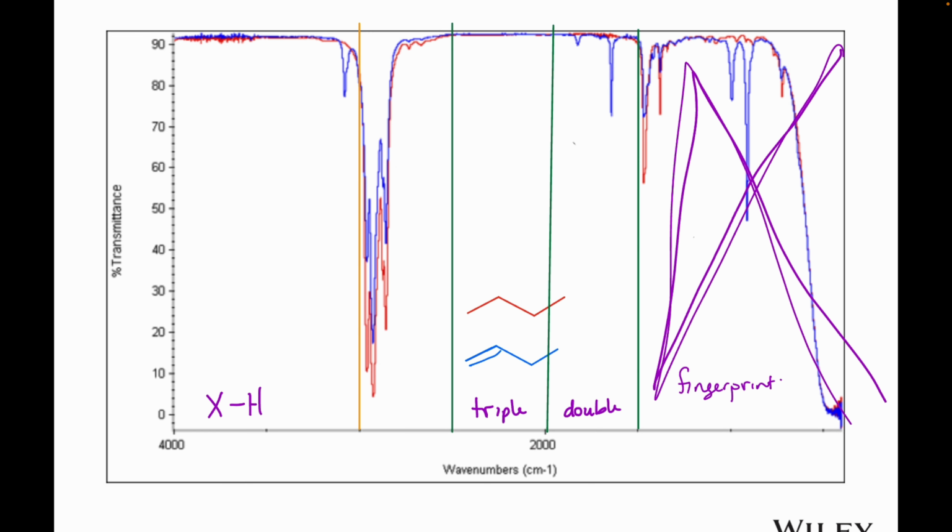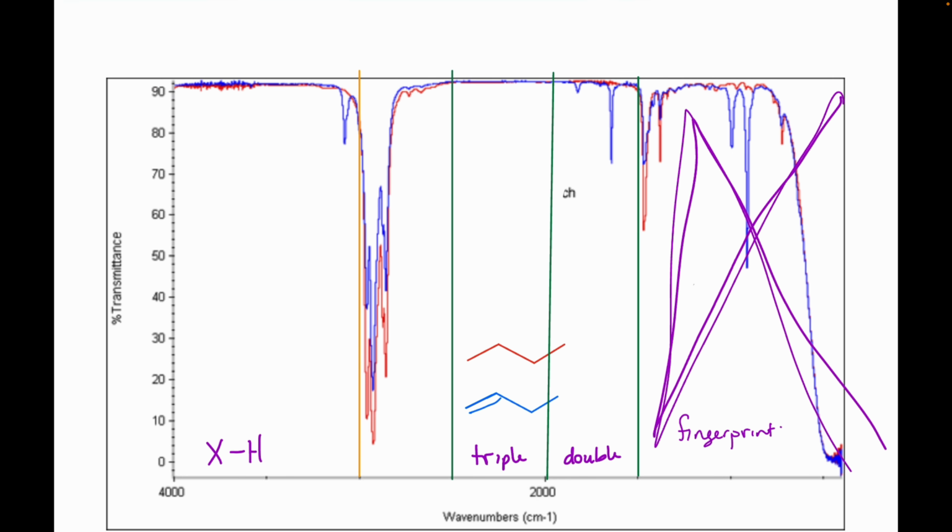There are two features here that are distinct in our alkene spectrum compared with our alkane spectrum. The first one is in that double bond region. Here is my carbon-carbon double bond. They both have a bunch of sp3 hybridized carbons and hydrogens, so they both have that cluster of peaks south of that 3,000 marker.